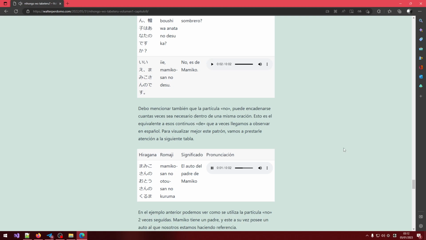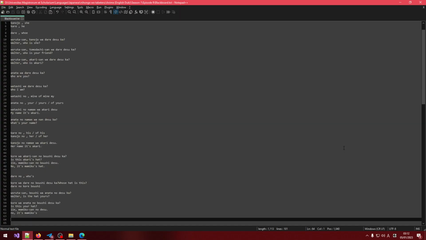まみこさんのお父さんの車。 Okay. Let's try to explain this sentence. Mamiko-san no. In the first instance, Mamiko is taking possession of something. Otosan.